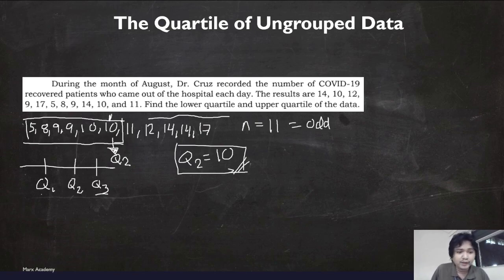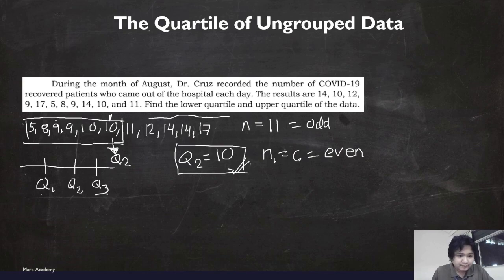To get the quarter 1, or the lower quartile, we locate the median of it. 6 is an even number, and we already know how to get the median of an even number.